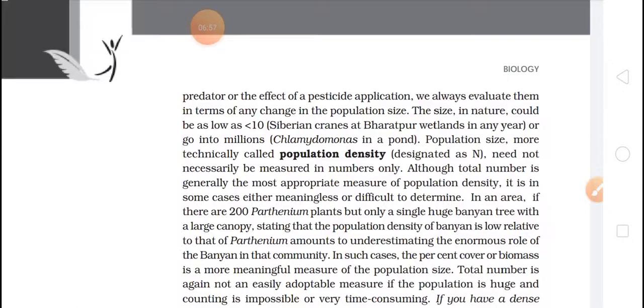The size in nature would be as low as 10, or go into millions. Population size is more technically called population density. So we can get the density of individual organisms living in an ecosystem.